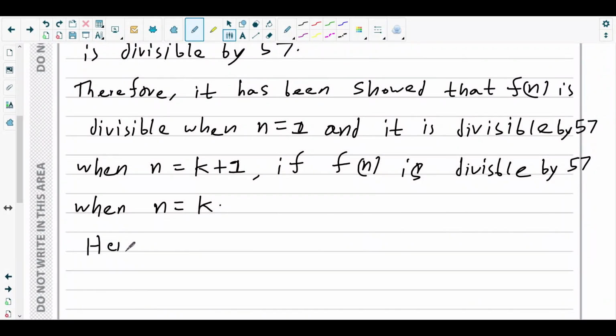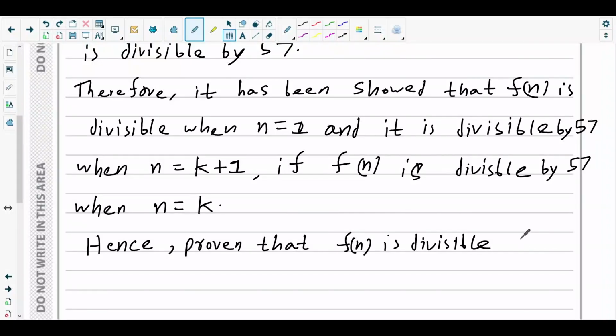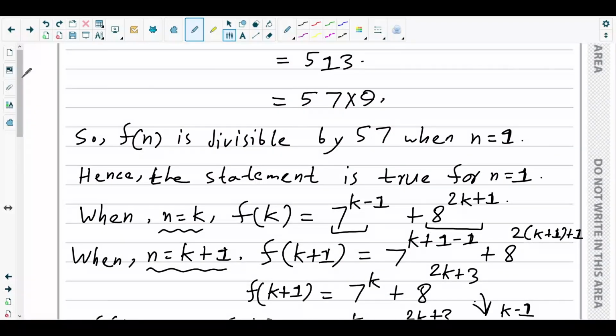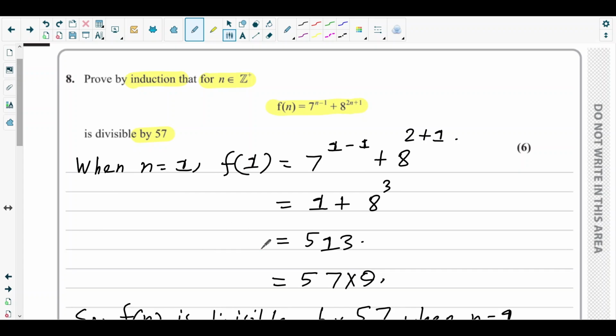Hence proven that f of n is divisible by 57 for all positive integers n. Okay, for n an element of the positive integers. That's it, and that's the answer for part 8.